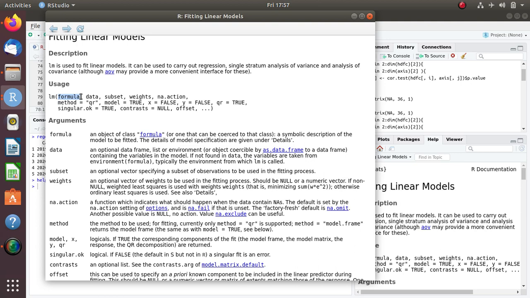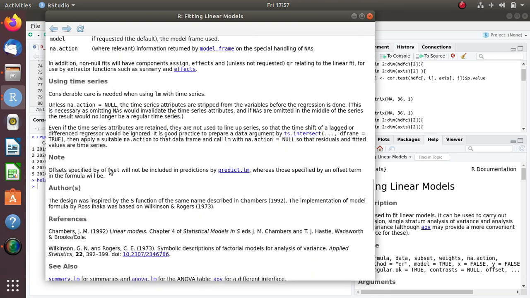One of the arguments is formula. At a minimum, we need to give these 2 arguments: one is the formula, the other one is the data, and there are quite a few other things which we can mention, but for the time being I am not interested in all these things. This is just sufficient.